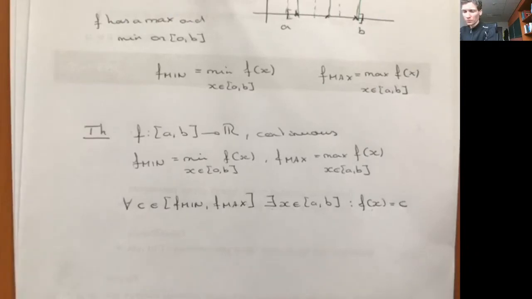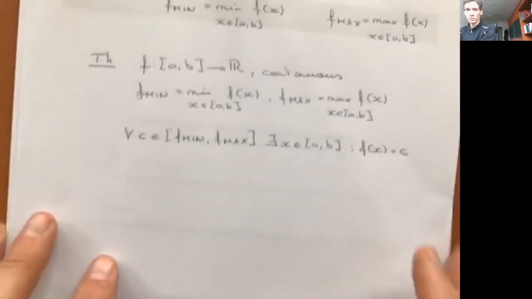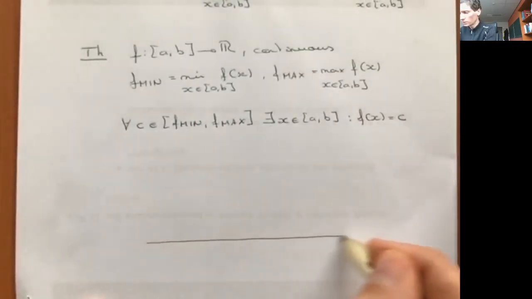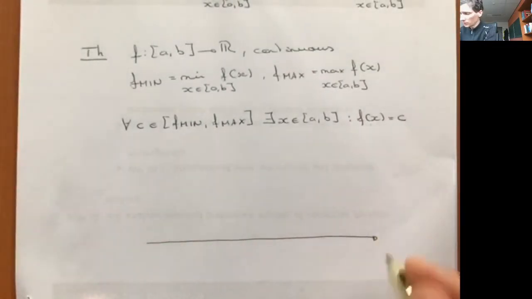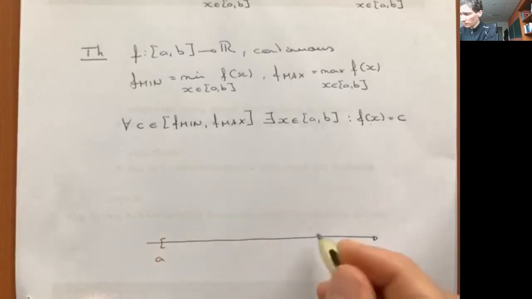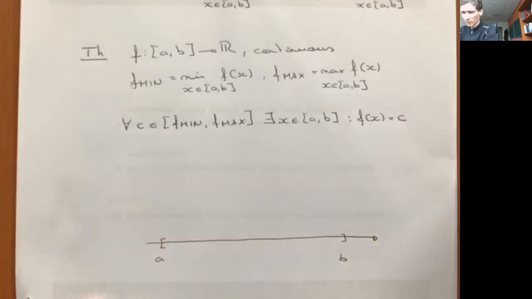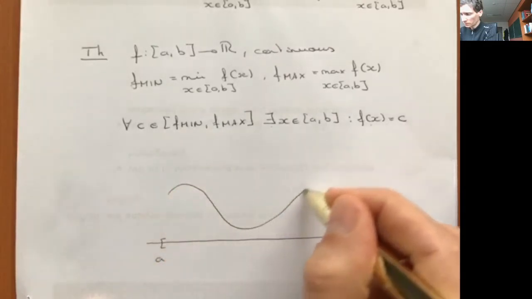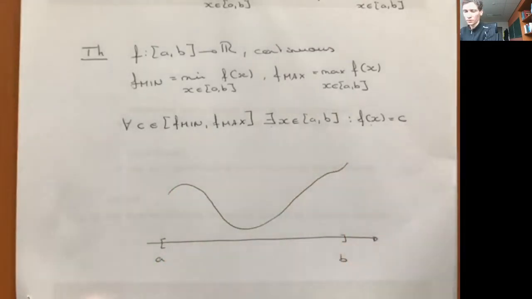So we're going to prove this theorem, and in order to understand how the proof goes, let's draw a picture. Let's say that we have the interval [a, b], and then you have a continuous function, something like this.